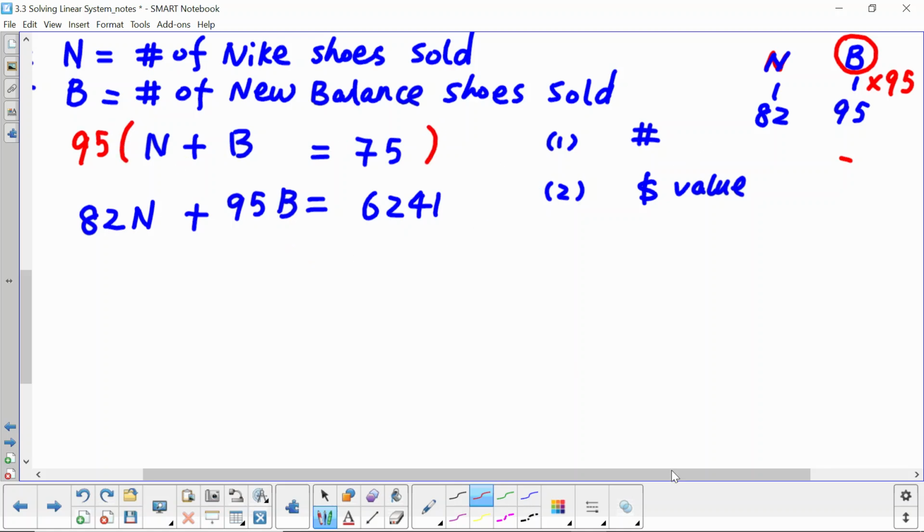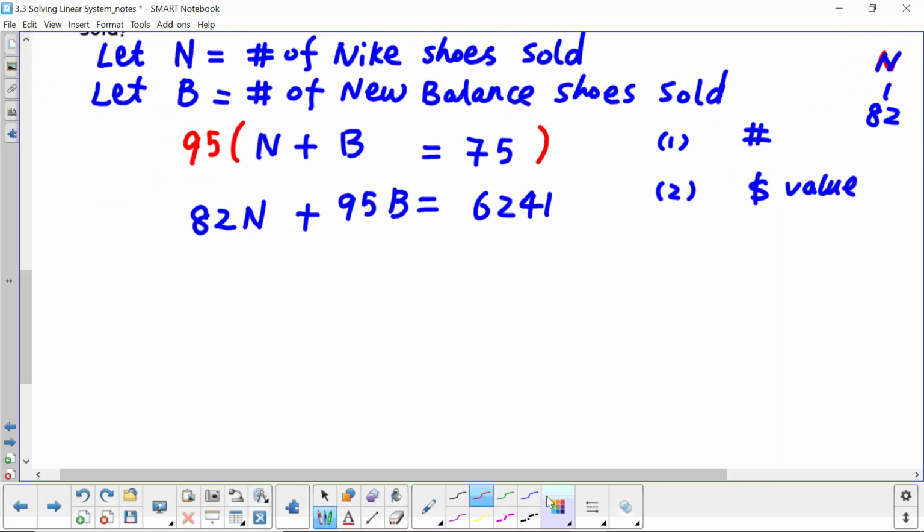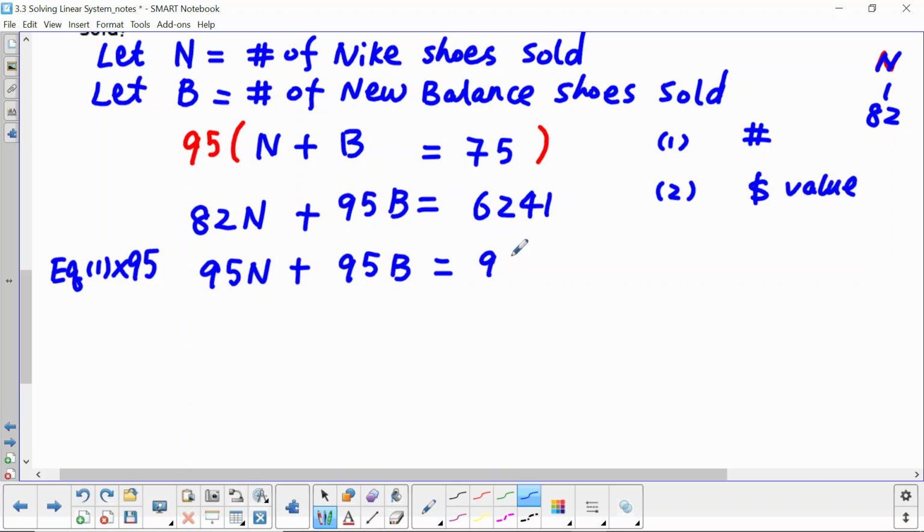Then you will be able to have the number at front of b the same. So equation 1 times by 95, you will have 95n plus 95 times each term, 95b equals 95 times 75.